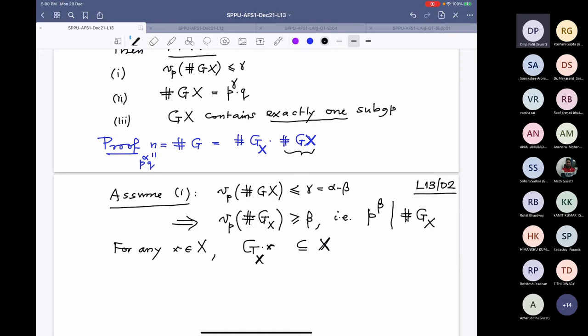Isotropy fixes, it will tell you g times x equals x, for any g in the isotropy. So gx is here, and that belongs to X. That is what I have written. So I have checked this.